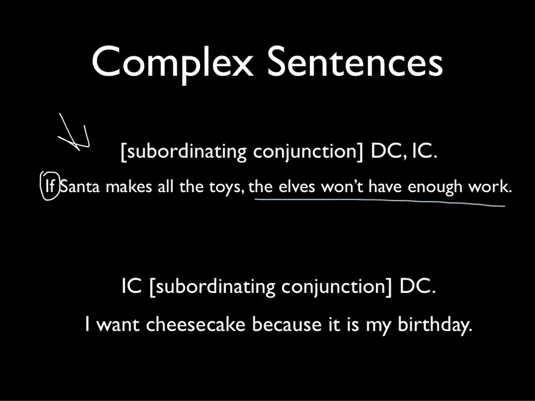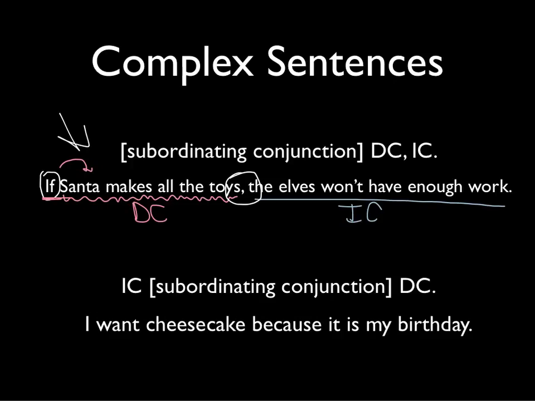Now, because I was able to identify this subordinating conjunction, I know that all the words that follow it, up until that comma, make the dependent clause. So here's my dependent clause, started by this if, this subordinating conjunction or AWOOBIS T word, and then I have the independent clause here. I have separated those 2 with a comma.